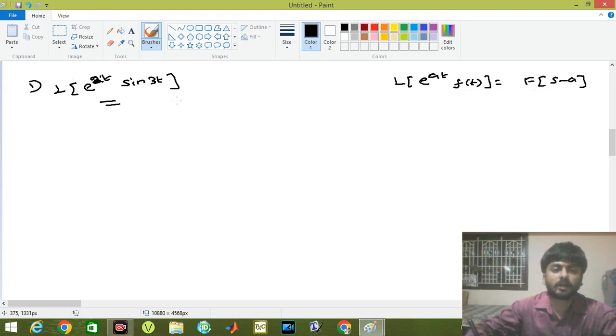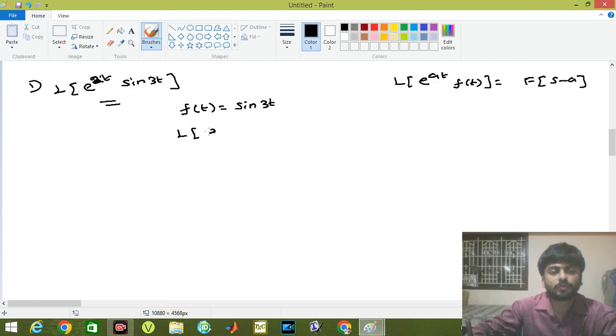Here, according to this result, I am not going to take the entire terms inside this bracket as f of t. I am going to take only sin 3t as f of t. So f of t equal to sin 3t.